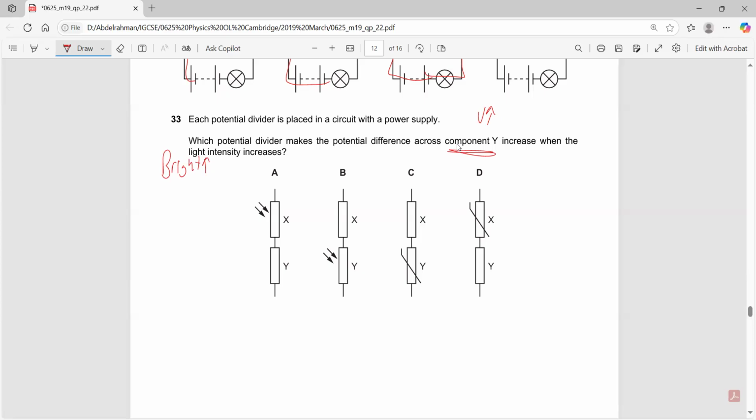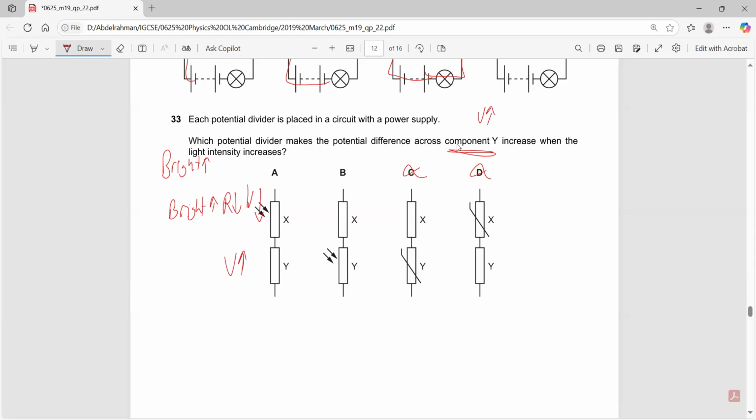Let's cancel out C and D. If we're talking about A, if the brightness increases in X, then the resistance would decrease and the voltage would also decrease. Therefore, the voltage in Y would increase.